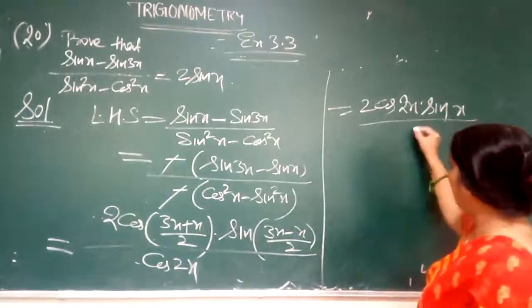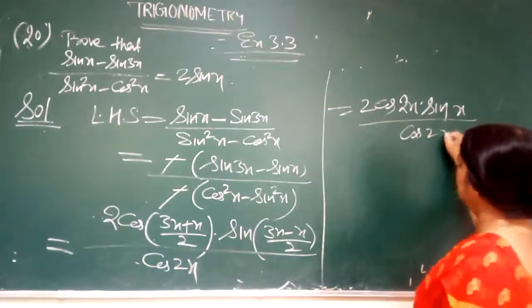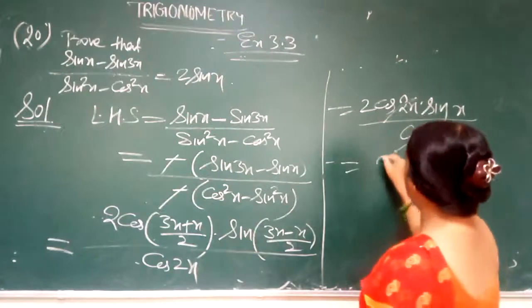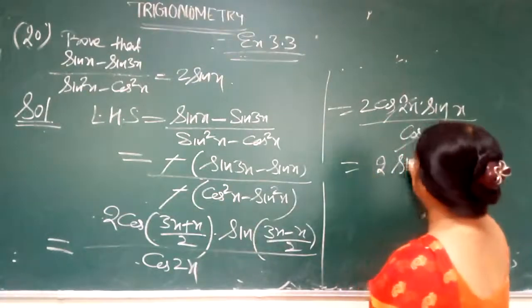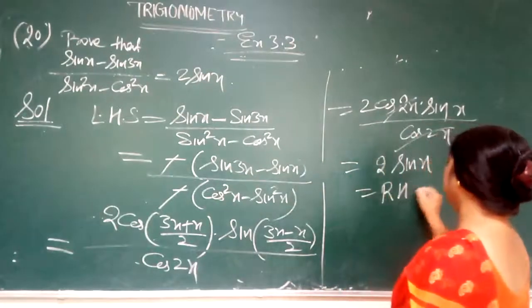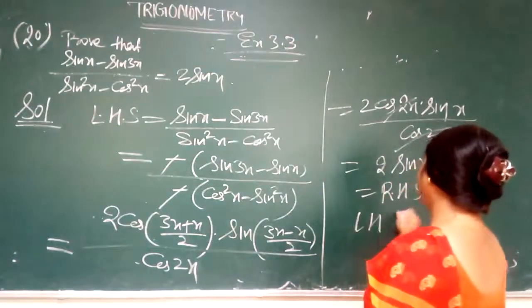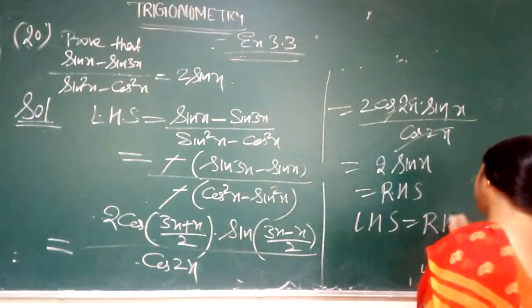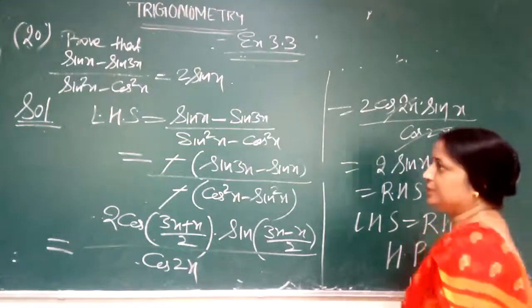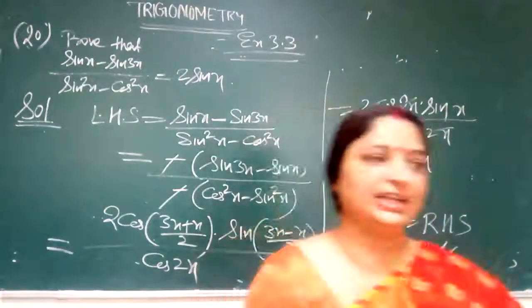After that cos 2x. So cos 2x is cancelled with this, so we get 2 sin x. And you can see here this is the right hand side. Now left hand side is equal to right hand side. Hence proved. This is the solution of question number 20. So thank you students.